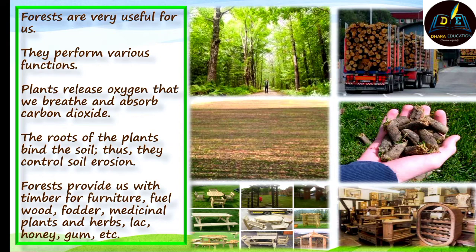The first 3 points you can see in image 1, which is of greenery everywhere. This is the real sense of forest, which is blessed wherever it is, because it purifies the weather. It also purifies the air which we inhale.